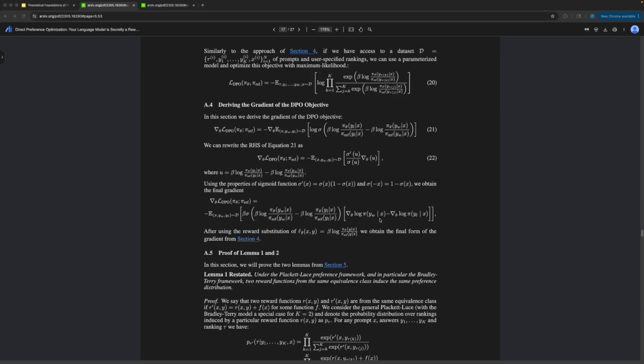So what remains is the derivative with respect to theta of log of pi of y_w minus the derivative with respect to theta of log of pi of y_l. So basically this term is correct, and the signs of this term should be flipped. The error just came because of the mistake at the start in the original objective for DPO. So that's the derivation of the gradient of the DPO objective.